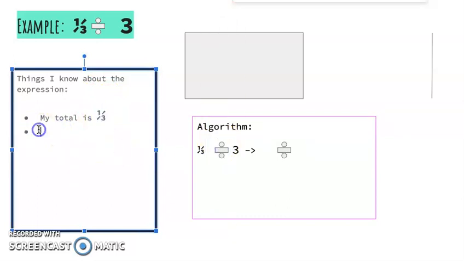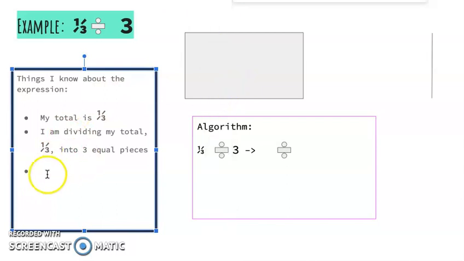Okay. I am dividing my total, 1/3, into 3 equal pieces. So here, since I started with a fraction, I know that my answer is going to be a fraction.